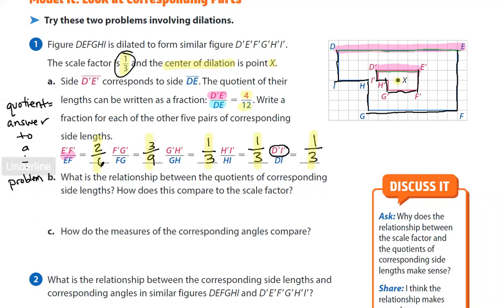If you reduce 2 over 6 by dividing by 2, it's 1/3. You can reduce this by 3, and it's 1/3. All of these are equivalent to 1/3. Let's put that down: the fractions are all equivalent to 1/3.